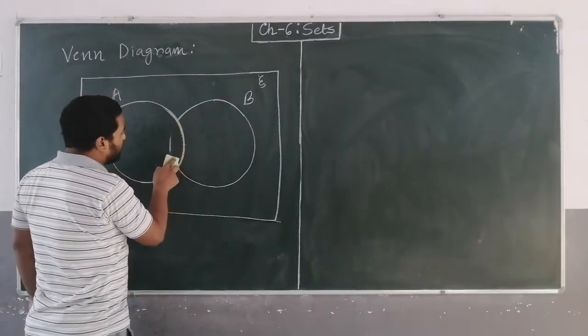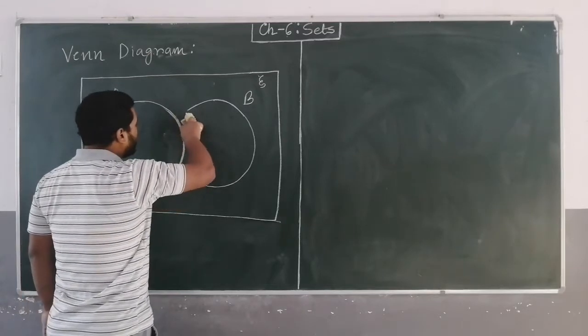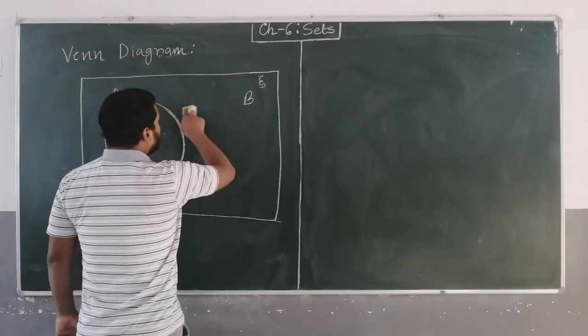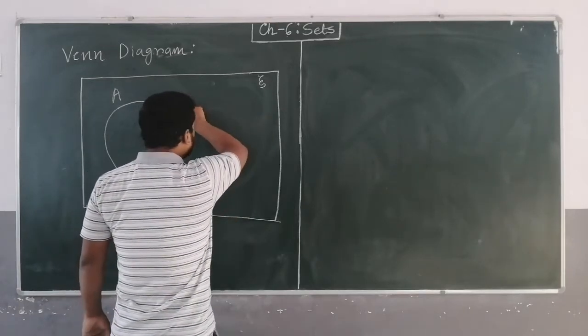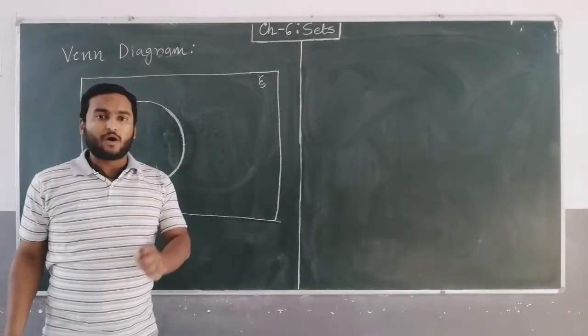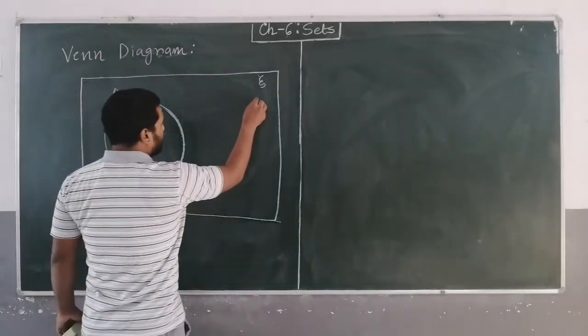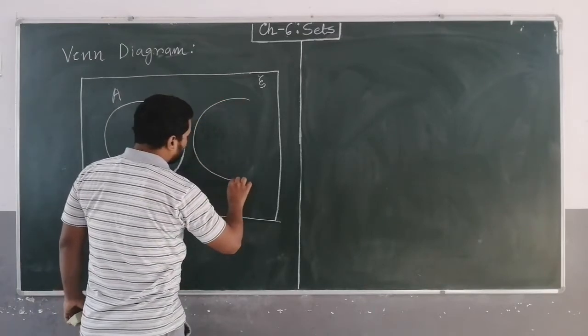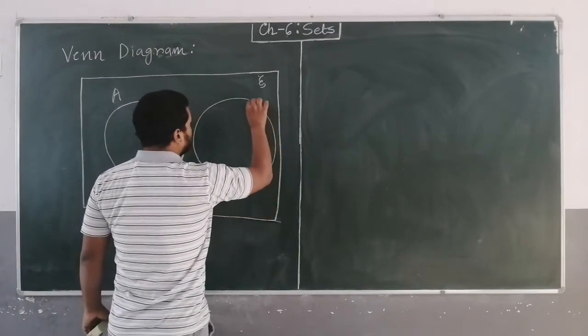Now how will we represent disjoint sets? I told you in set builder form that disjoint sets are two sets where no element is common. So if you want to represent disjoint sets, you have to draw a circle like this.